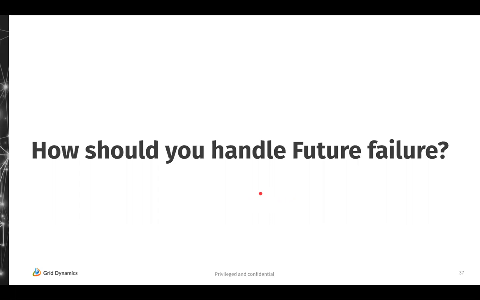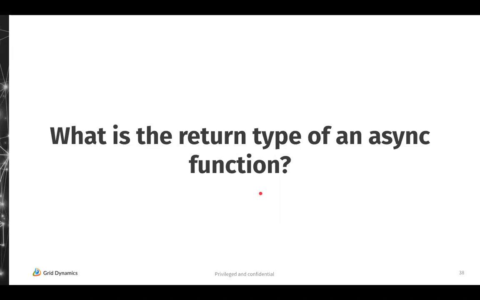And the last question is a little bit tricky one. What is the return type of an async function? And by async function, I mean a function marked with this async keyword. Future, that is correct. An async function is obliged to return future.